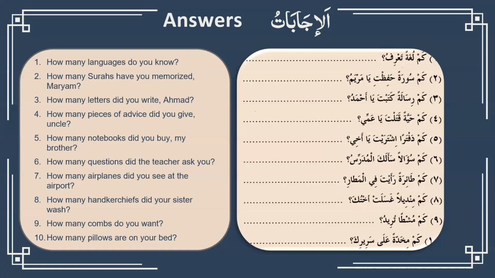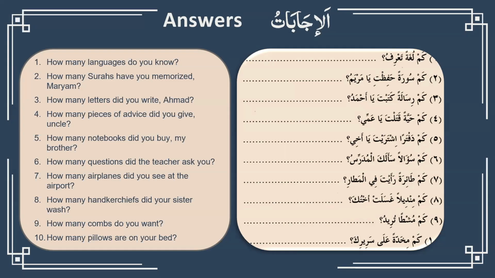That is correct. And next one is, how many letters did you write? Oh, Ahmad. So now you can respond as if you are Ahmad. You can say, I wrote 2 letters. Uktub risalatain. What if you have to say he wrote 2 letters?